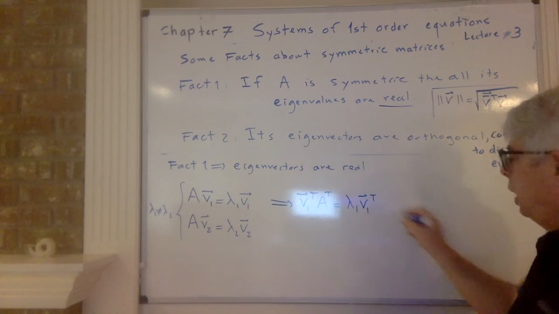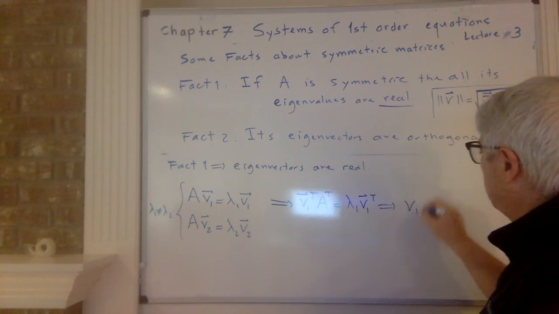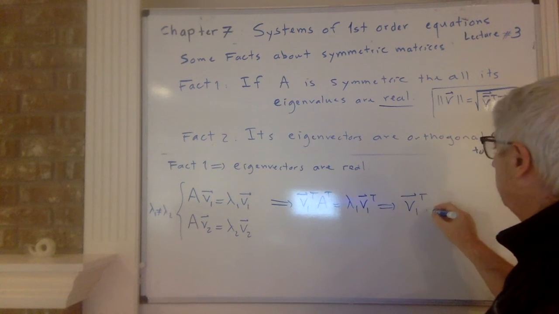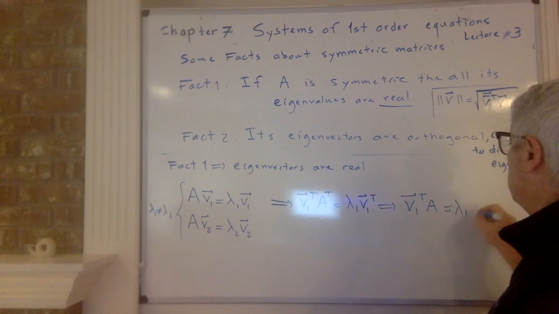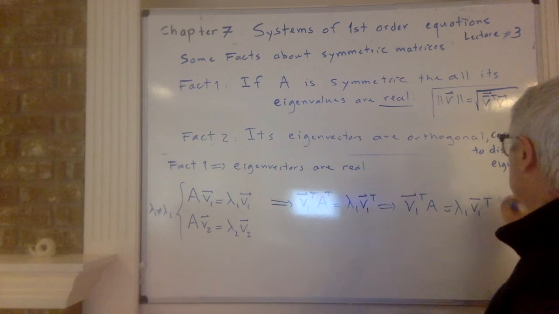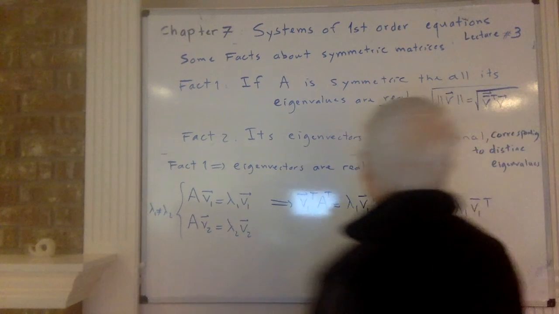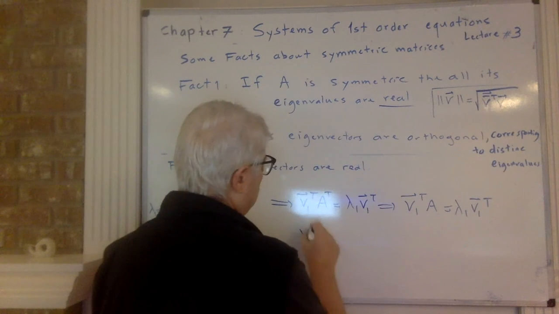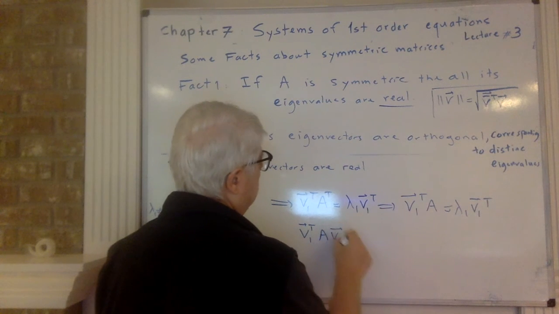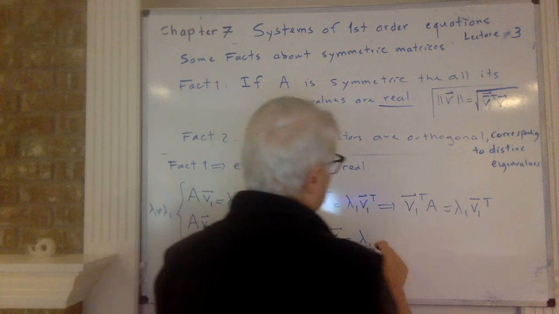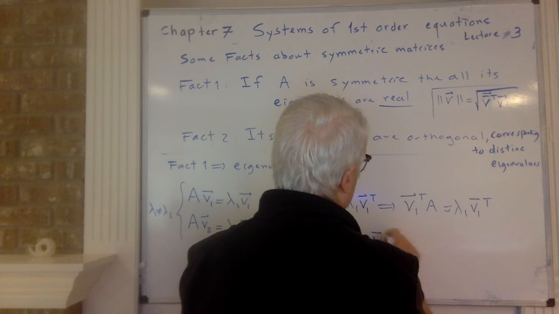A transpose is A, so V1 transpose A is lambda 1 V1 transpose. Now I multiply from the right by V2. So I have V1 transpose A V2 is lambda 1 V1 transpose V2.